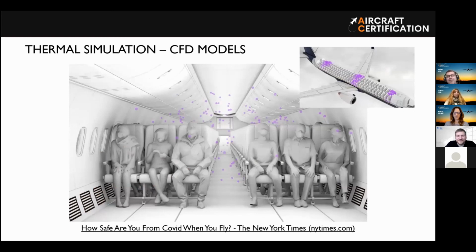Yeah. So I think if you take a look, this study is very nice. I think you have the slides. Okay, so if you can take a look at this. But basically, if you remember, the cabin air will come from the top, and then it will go to the bottom of the aircraft.